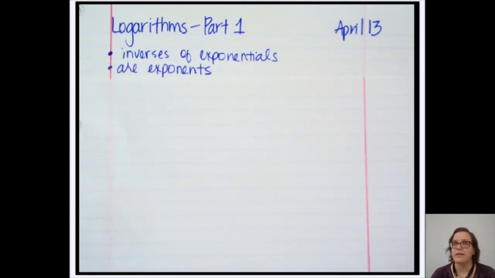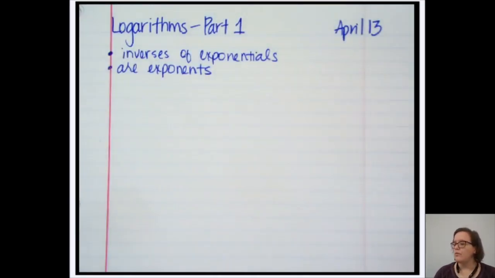And one key thing you need to remember is that logarithms themselves are exponents. So exponents can be positive, they can be negative, they can be fractions, they can be zero. So when we talk about a logarithm itself, the overall quantity can be positive, negative, or zero, or a fraction. We'll be looking at that a little closer today.